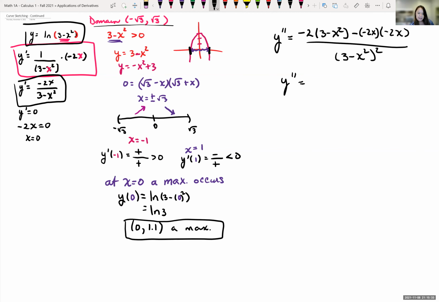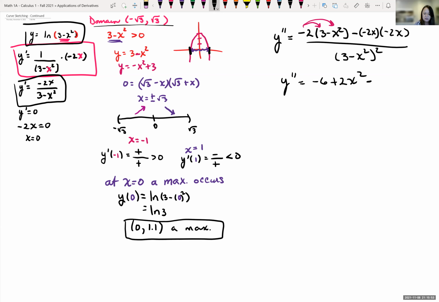So let's simplify this down. Let's distribute that -2 inside the parentheses. So -2 times 3, -6. -2 times -x squared, so that's plus 2x squared. And then here we have 3 negatives. So 3 negatives together multiplying is negative.